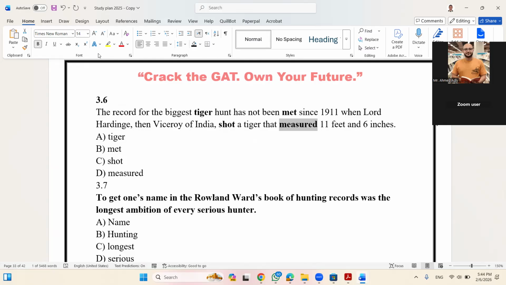It was 11 feet and 6 inches. So this is a record. Can you replace that? It has not been broken. Remember that the word break collocates with the record. Break the record. Super.